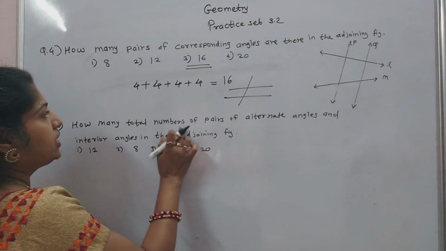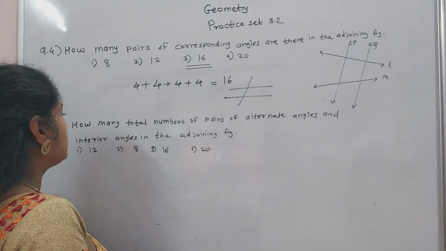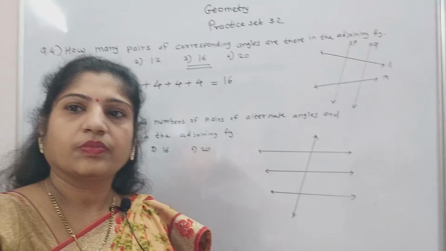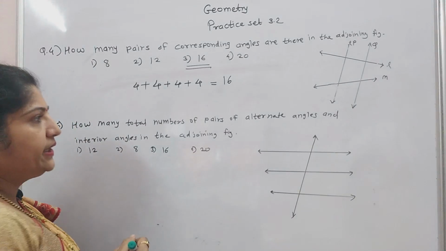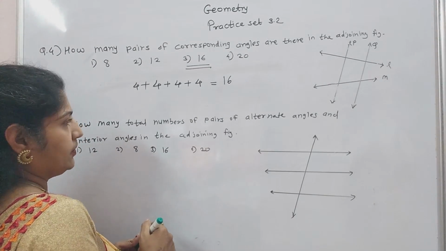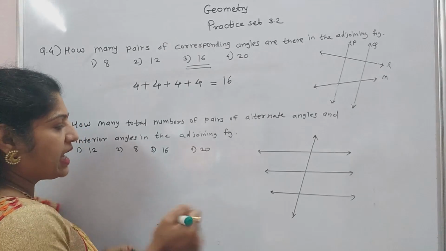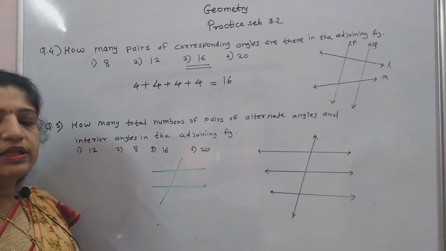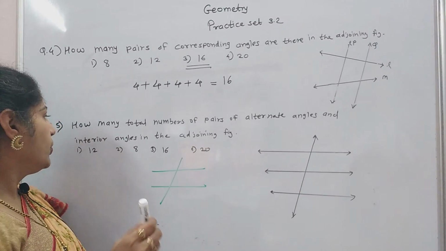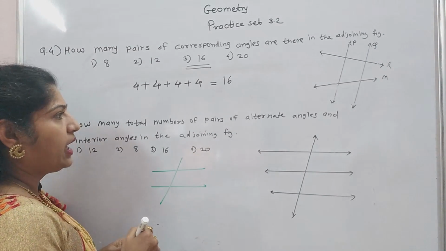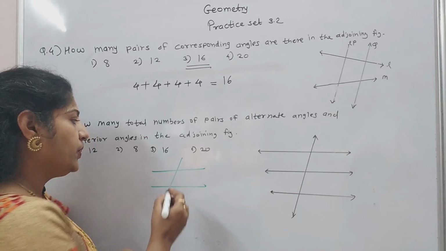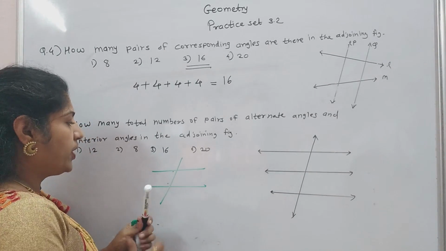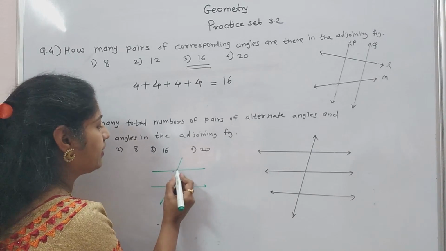How many total number of pair of the alternate angles and interior angles in the adjoining figure? Now interior angle and alternate angle. When two lines and one transversal, there are two pair of interior angle and two pair of alternate angle.